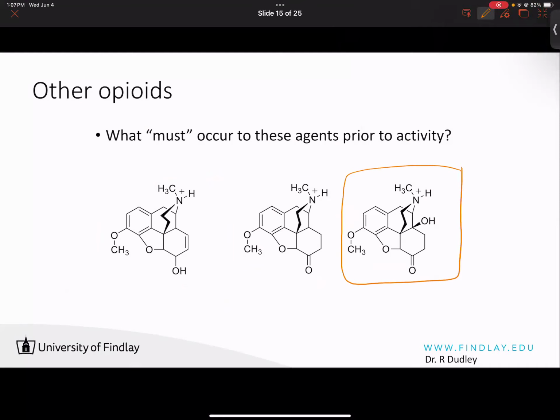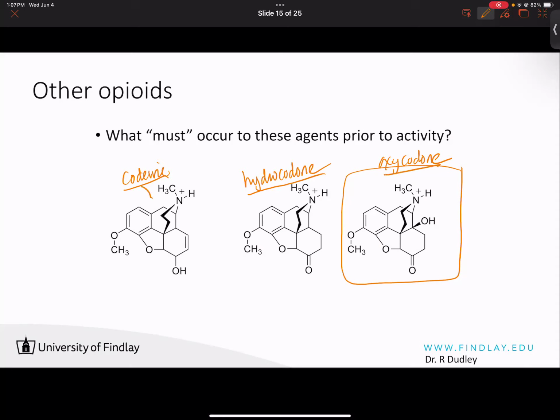This molecule, we'll come back to that in a second. This is codeine. This is hydrocodone, and this is oxycodone.